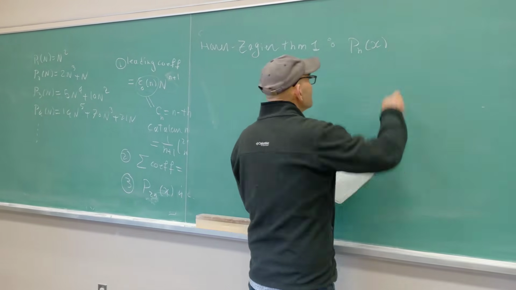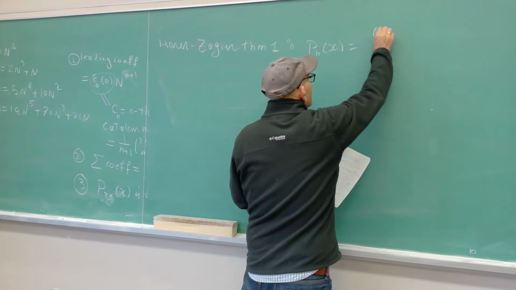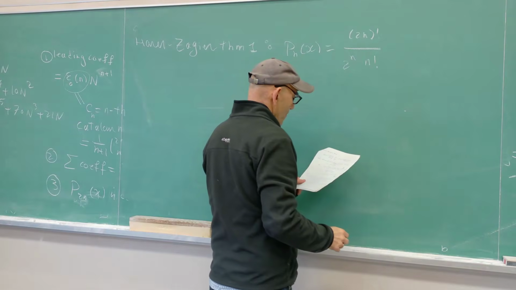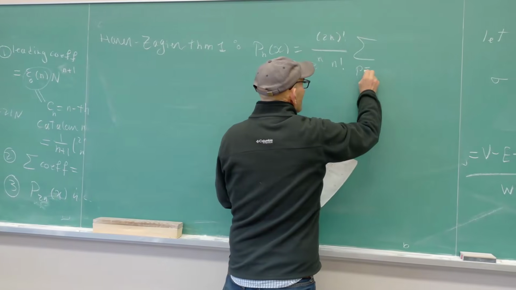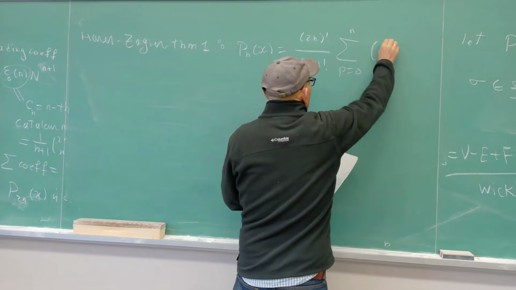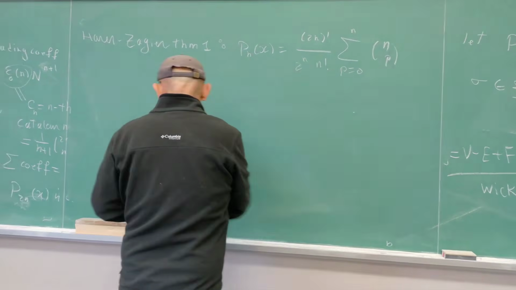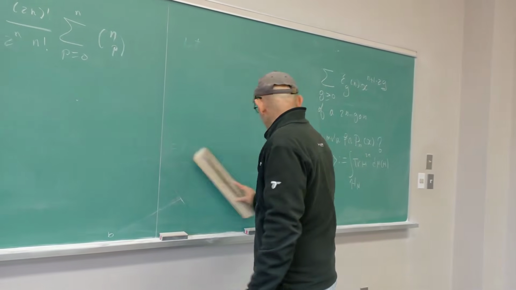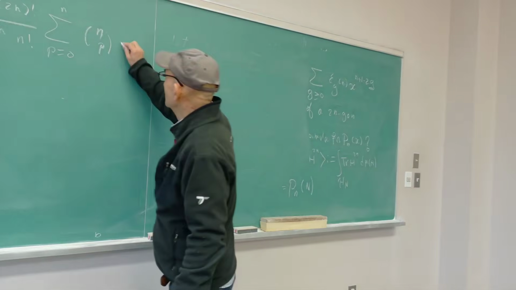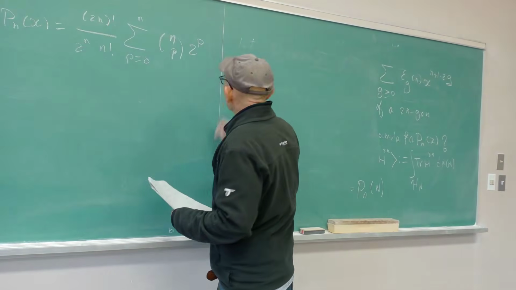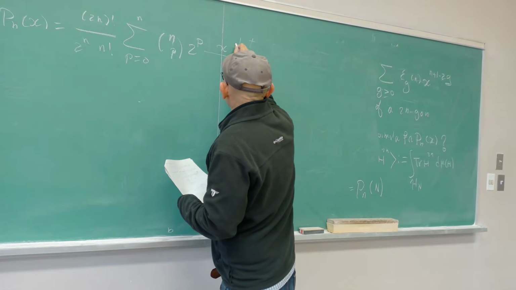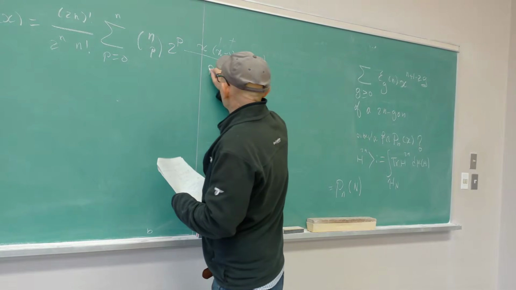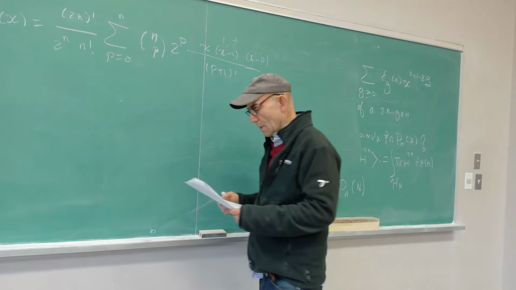P_n(x) is equal to (2n)! divided by 2^n n!, times the sum over p equal to 0 up to n, of n choose p times 2^p, times x(x minus 1)...(x minus p), over (p plus 1) factorial.